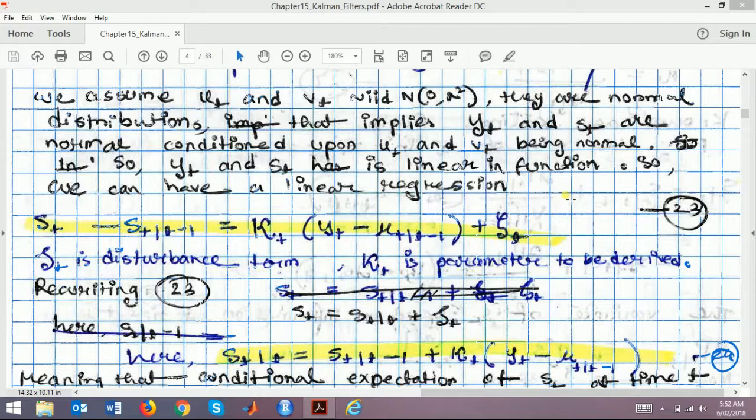The prediction error, which was s1 minus s1 0 equals phi s0 minus s0 0 plus vt, now becomes lambda, insert the bracket, y1 minus mu1 0 plus zeta t. And here y1 minus mu1 0, as we know mu1 0 is conditional mean, y1 minus mu1 0 gives you prediction error.